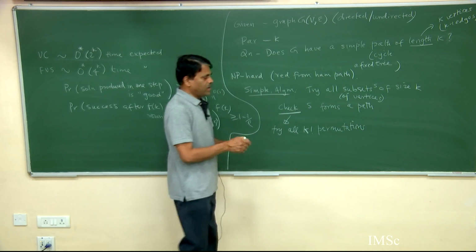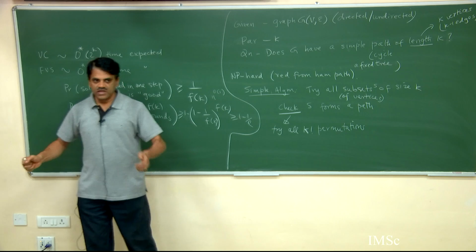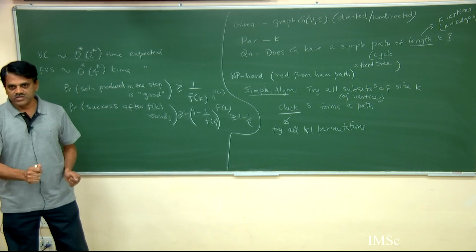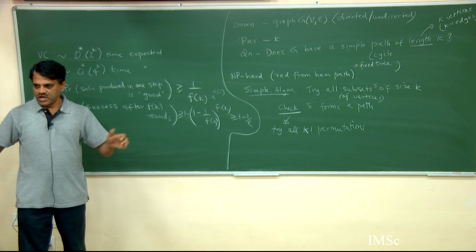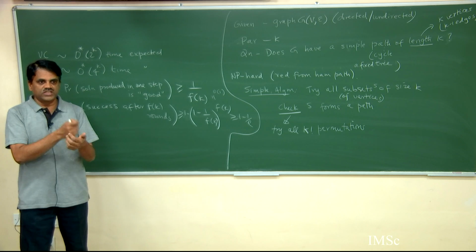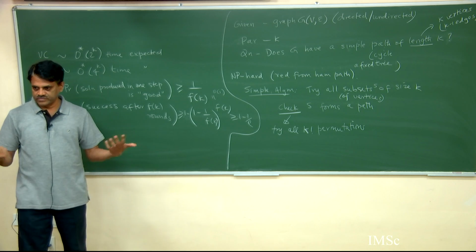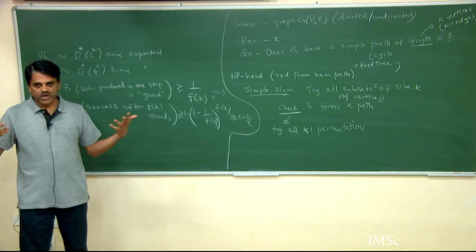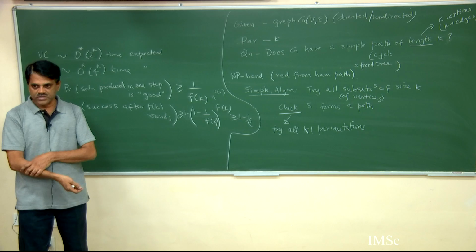So, I decide that among these k vertices, this vertex is vertex number 1, this vertex is vertex number 2, and so on. There are k factorial different permutations. For each one of them, check whether there is an edge from pi of i to pi of i plus 1, if pi is the permutation.